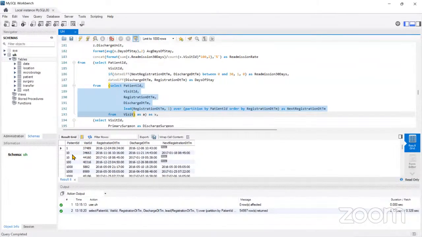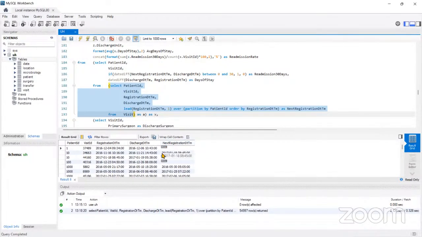I want you to look at patient 10. So he visited the hospital 2 times, right? And this is the first time registration and discharge. And this is the second time registration. You see, this day is put right beside here, and we give it a different name for this column. Next registration date time. So you got it?